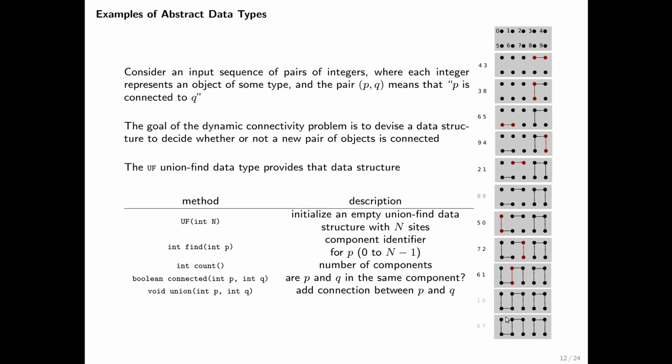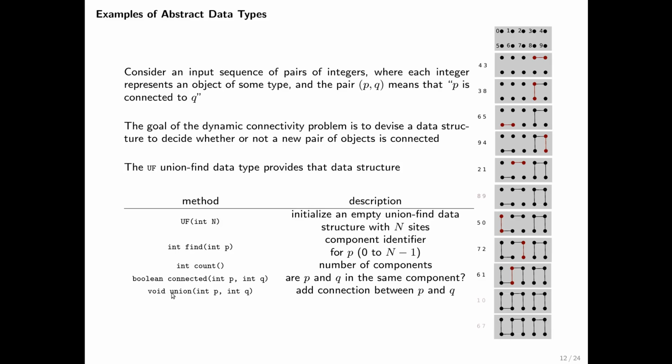So for example, if P and Q are 0 and 1, then once all these input pairs have been processed, connected is going to return true because 0 and 1 belong to the same island. Whereas connected of 0 and 9 is going to return false because 0 and 9 belong to different islands, right?